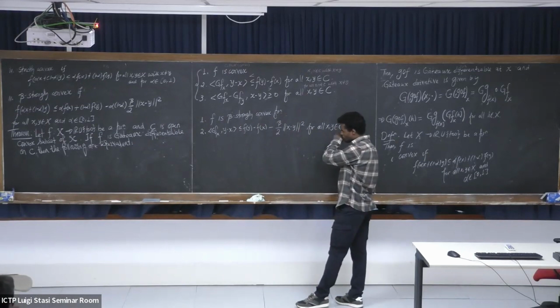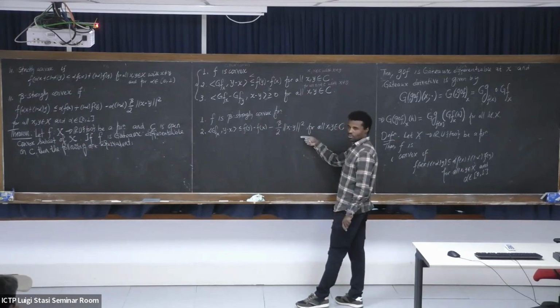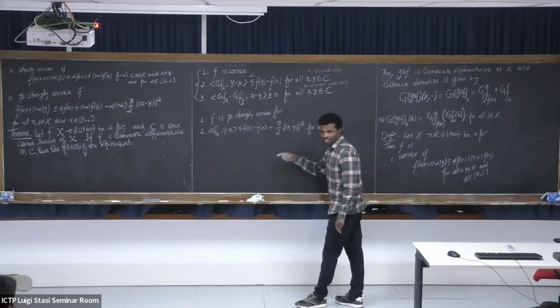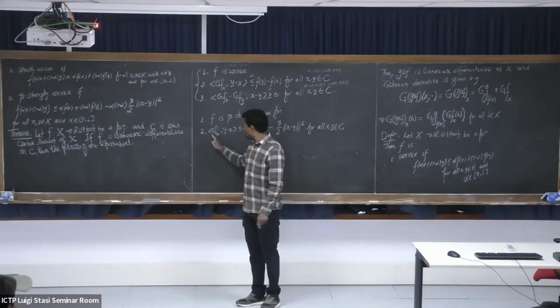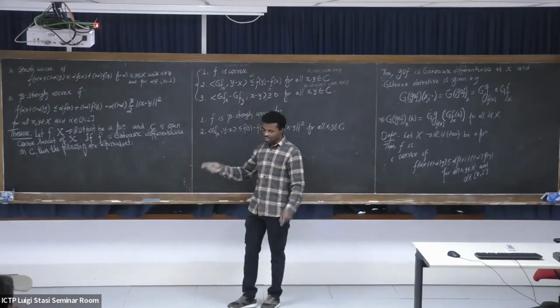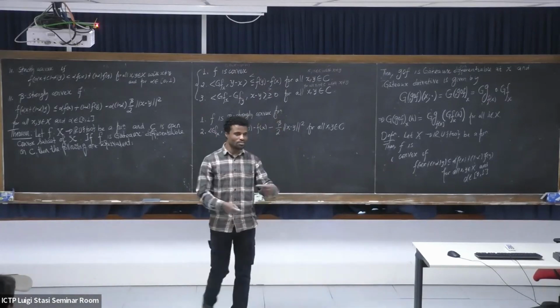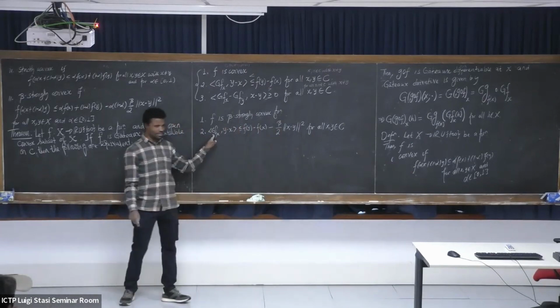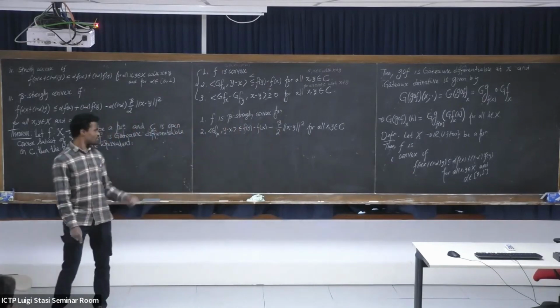Actually, in finite dimensional space, this is the formal definition of strong convexity. Here, the derivative can be represented as a single element of the space itself, which is very simple.